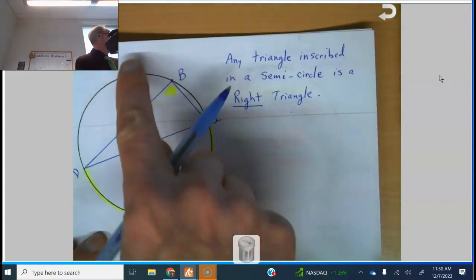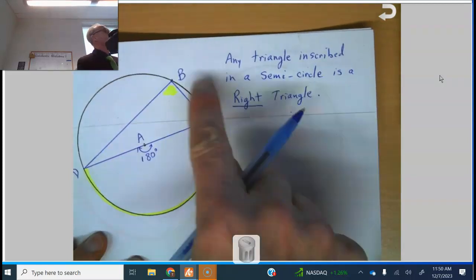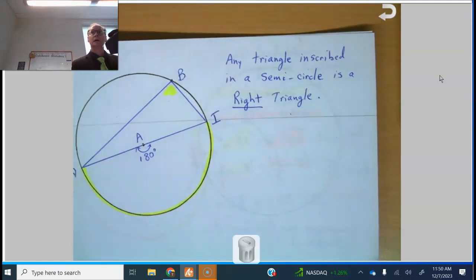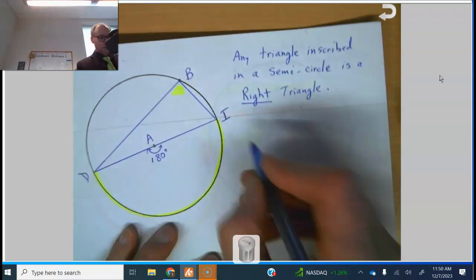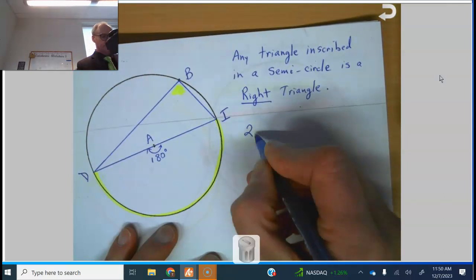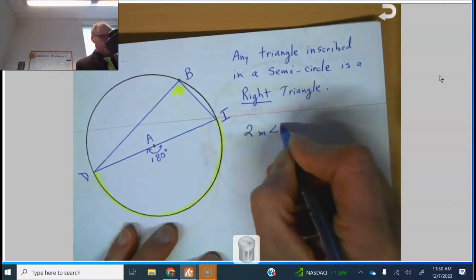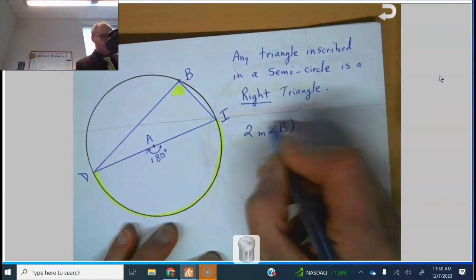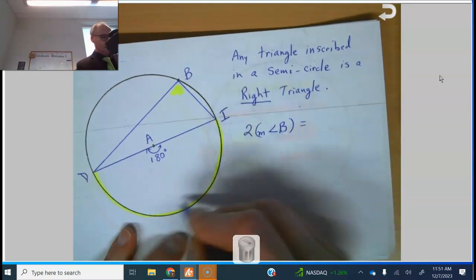Remember that the arc is always double the angle. 2 times the measure of the angle, just like we did before, is equal to the arc DI.